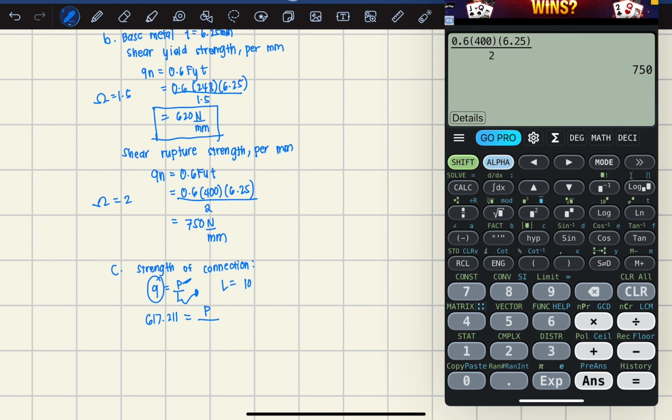So, yung total length niya, 100 plus 2 times 150 is equal to 400.